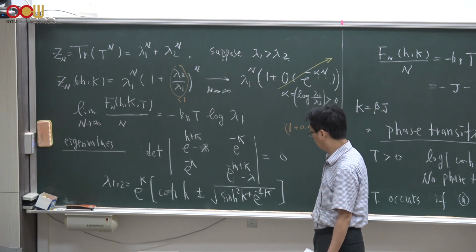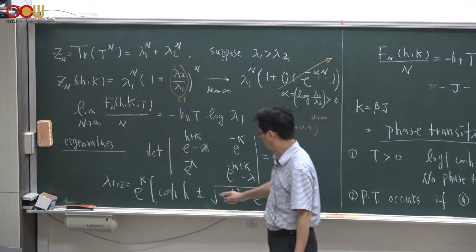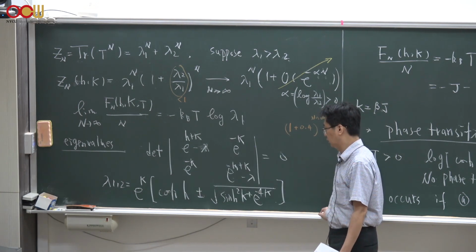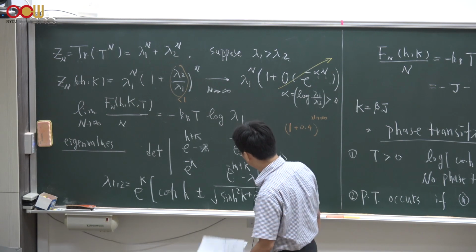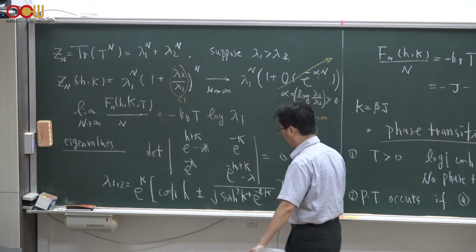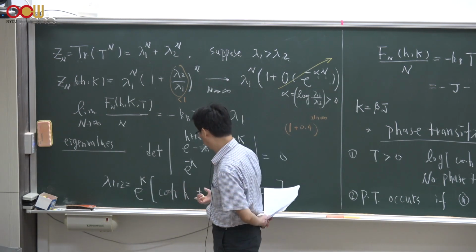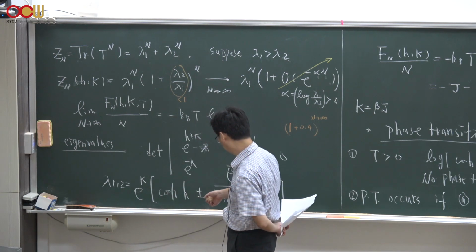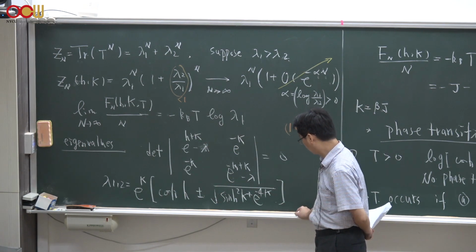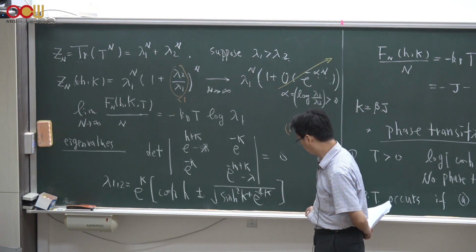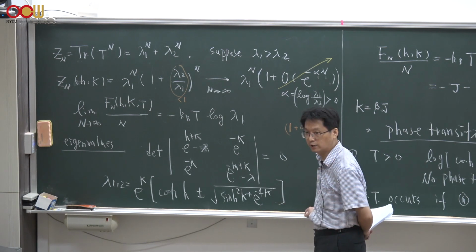And from that eigenvalue equation, we could derive lambda 1 and lambda 2, which is some sort of exponential function of h and k, where you have e to the k times cosh h plus minus the square root of sinh squared of k plus e to the minus 4k. So that's easy algebra to do.